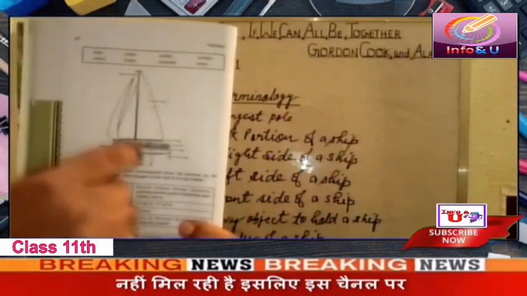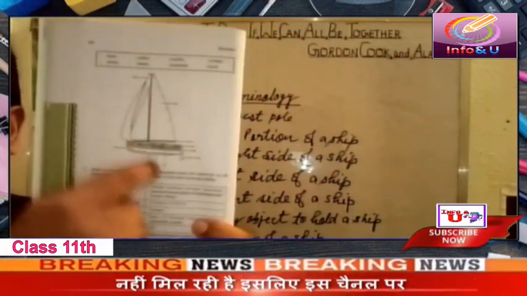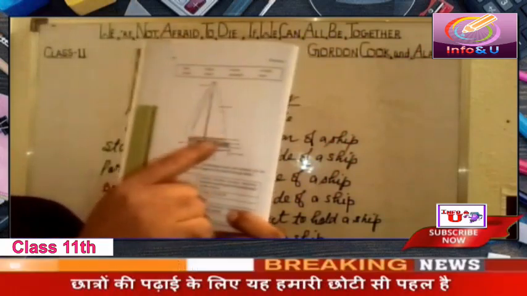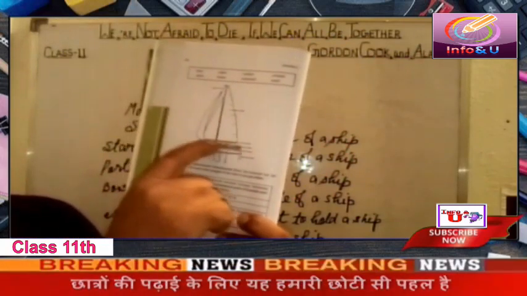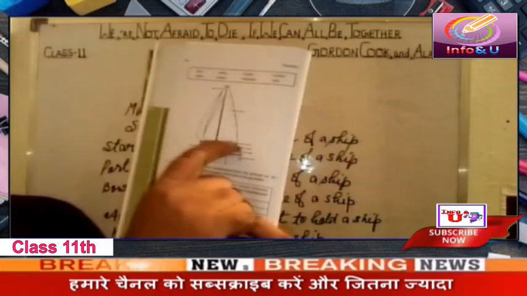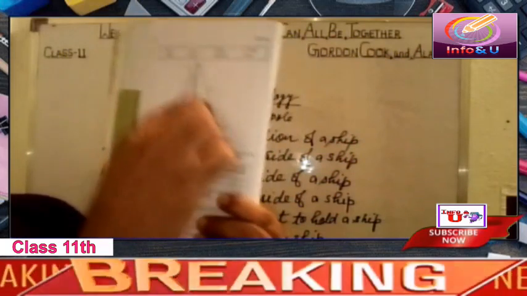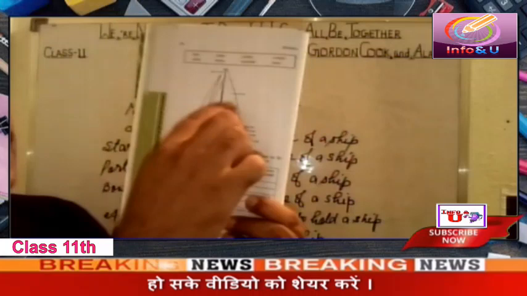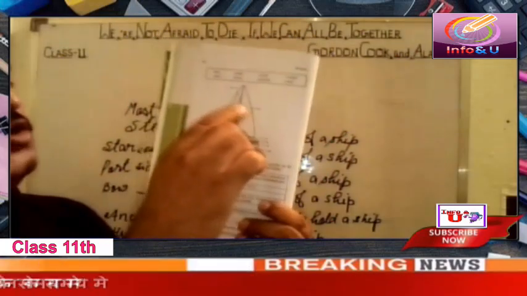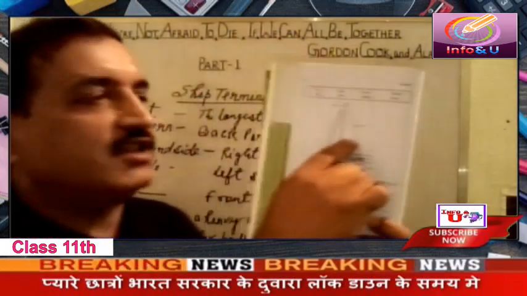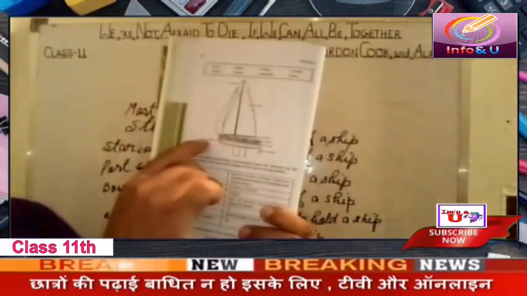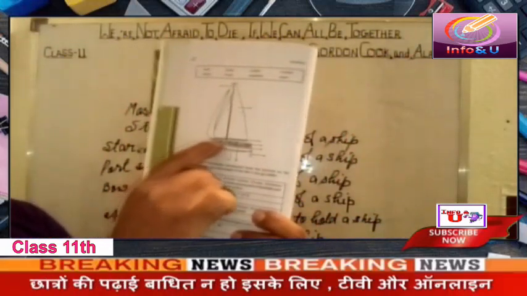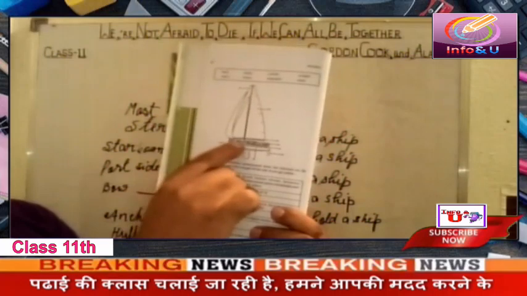This longest pole is called mast, and this portion, dear students, you see, this is called beam. This portion is called sail. It is a kind of cloth which is tied to take the air pressure for sailing the ship. This portion is the front portion. This front portion is called the bow of the ship.